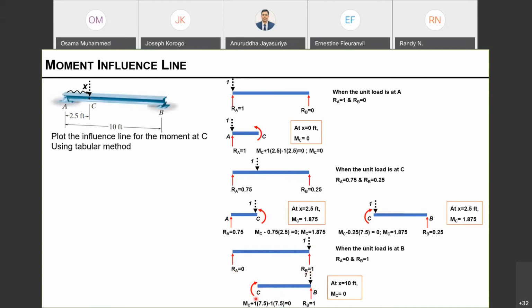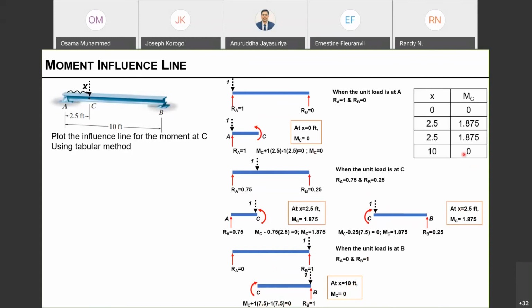So this is MC positive. This is again positive, 1 times 7.5, and again 1 times 7.5 is negative. So I know that if you simplify, MC is equal to 0 when x equals 10. So we have all these numbers.